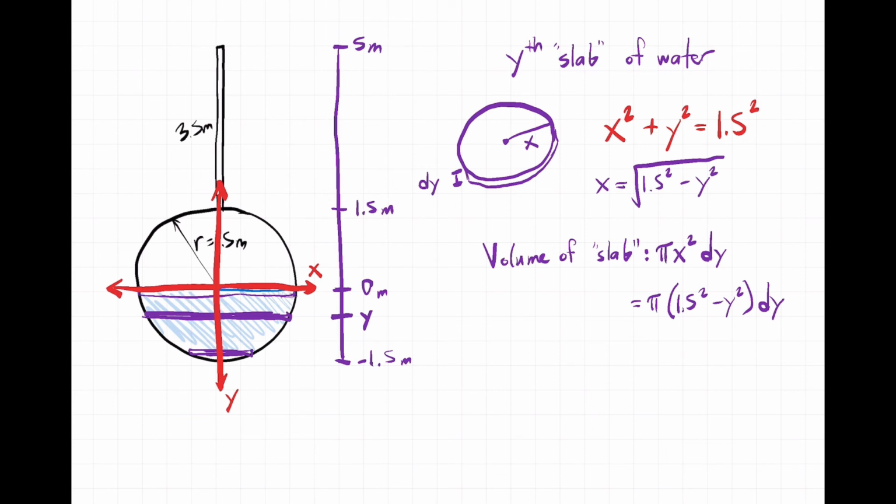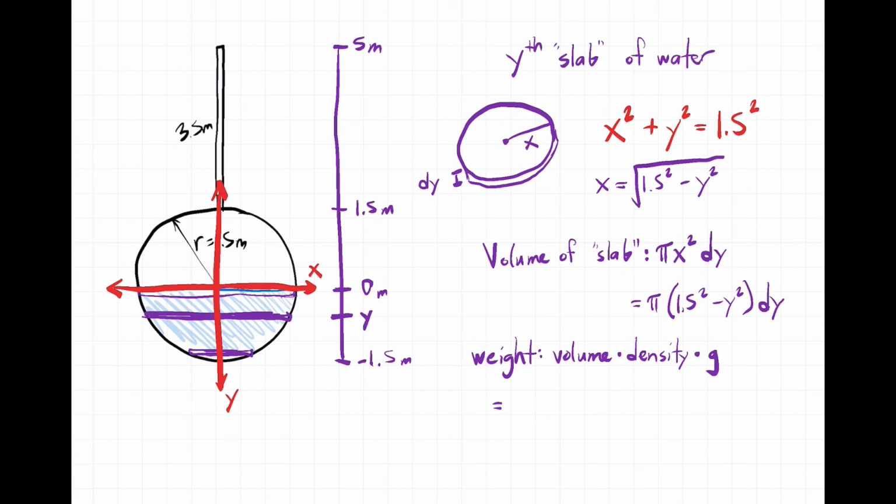Now, how do we find the weight of that slab of water? Well, we already discussed this. We know that to find the weight of something, knowing the volume, we just need to multiply the volume times the density to get mass, and then multiply that by g, the acceleration due to gravity, to get the weight.